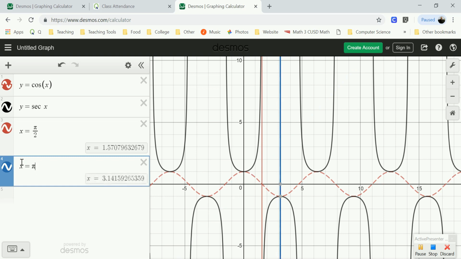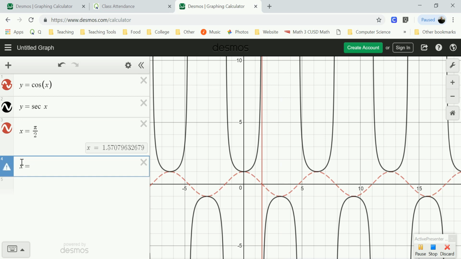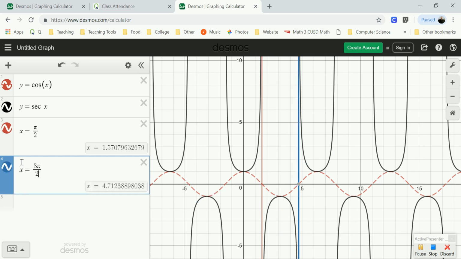Nope. 3 pi over 2 maybe? Let's try. Yep, found it. Okay, so things have shifted a little bit, right? Because sine and cosine are the same shape, but shifts of one another, and so are cosecant and secant. And so keep that in mind as we're working through these.